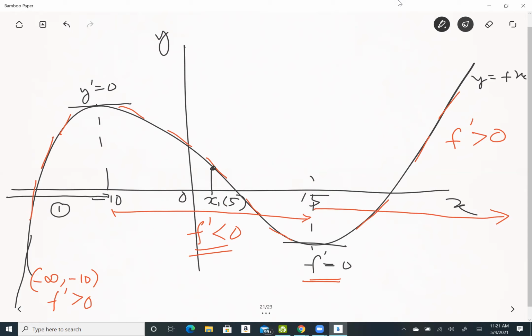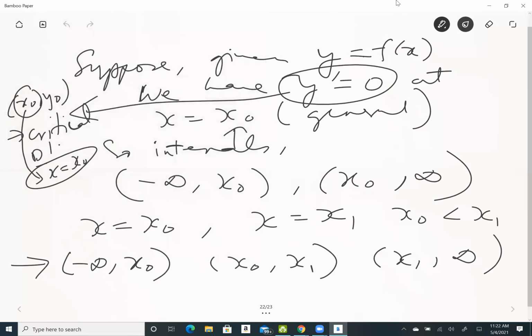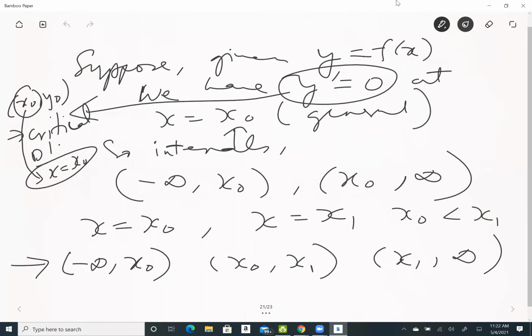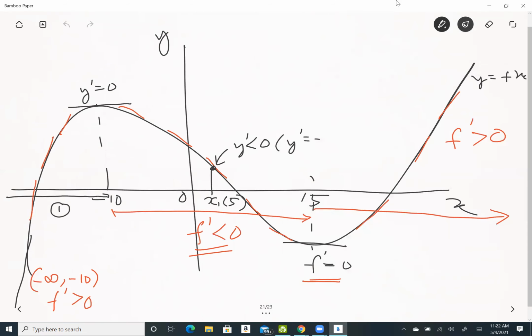And you know the derivative at x equal to x1, for example 5, the y prime here is less than 0. Say y prime equal to -5. Coincidentally, at x equal to 5, the y prime is -5.